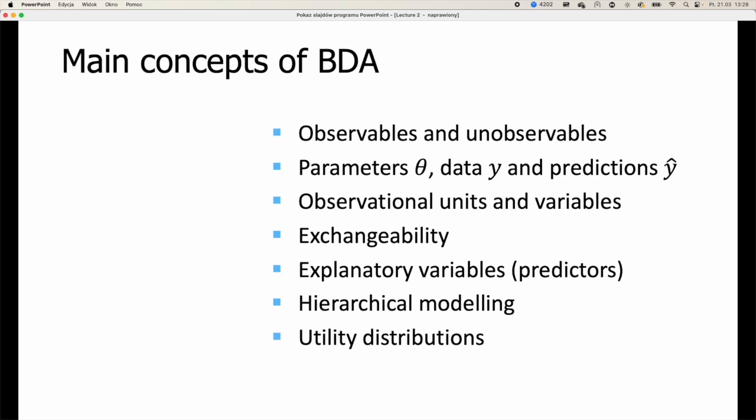Important aspect is hierarchical modeling, that is creating a model in an increasing level of complication, including dependence on groups.